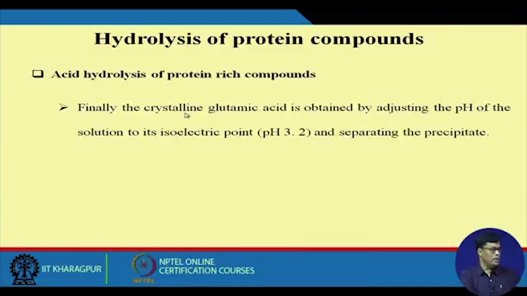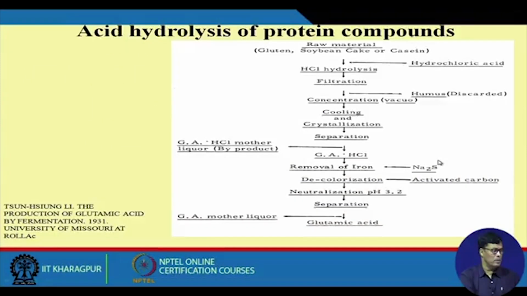Finally the crystalline glutamic acid is obtained by adjusting the pH of the solution to the isoelectric point, pH 3.2, and separating the precipitate. This is how we can finally separate out this glutamic acid.